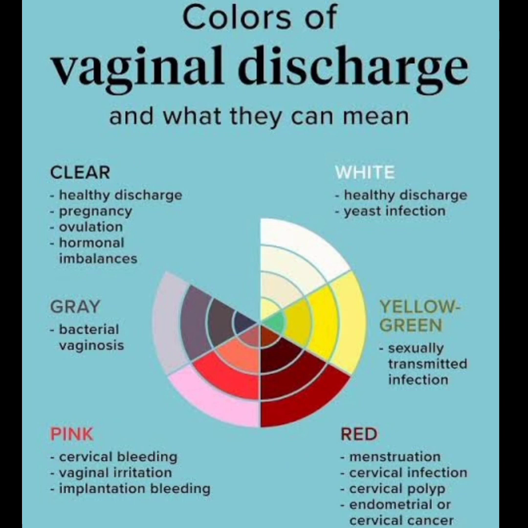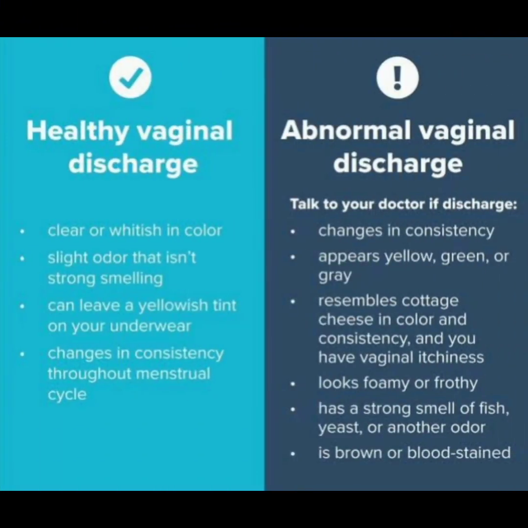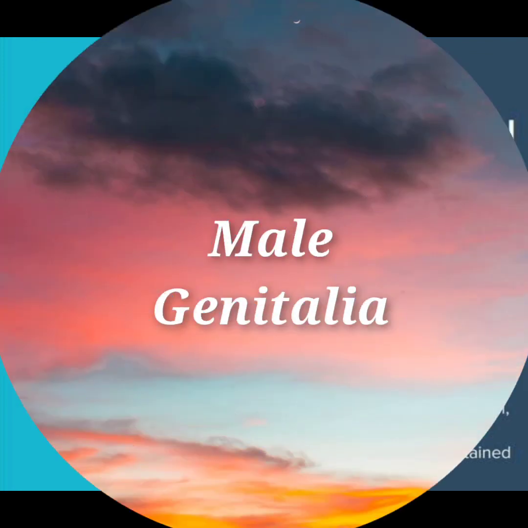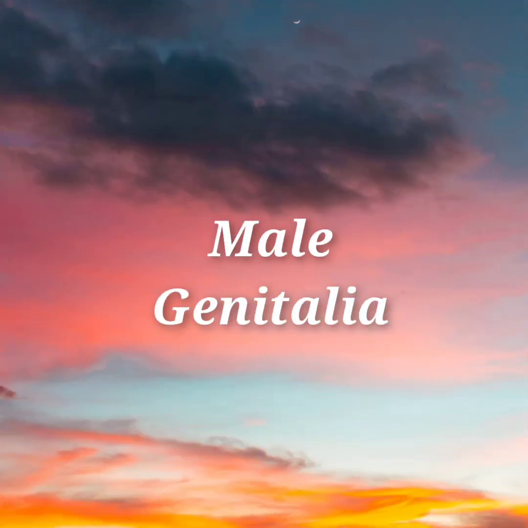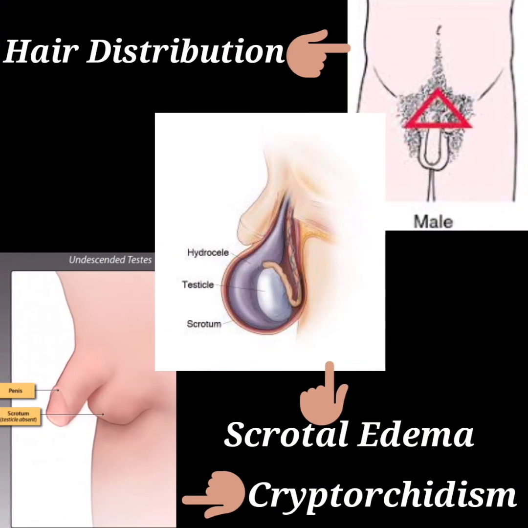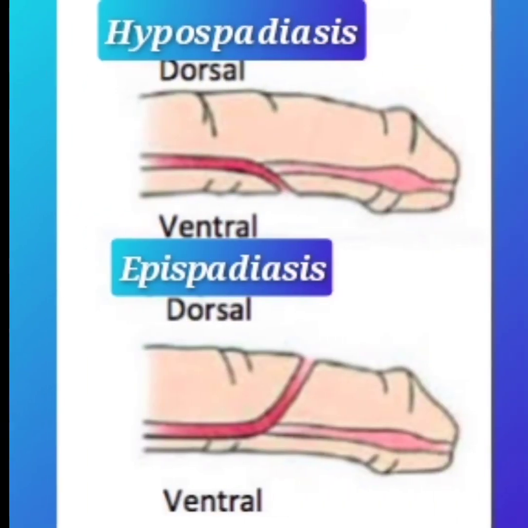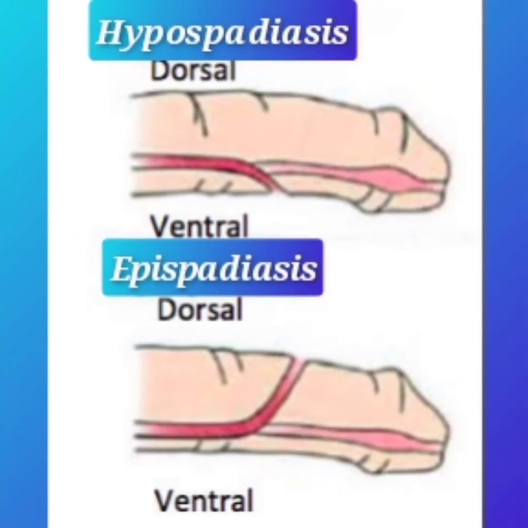Assessment of the colors of vaginal discharge is essential. Assess the male genitalia for hair distribution, scrotal edema, cryptorchidism, phimosis, hydrocele, hypospadias, and epispadias.